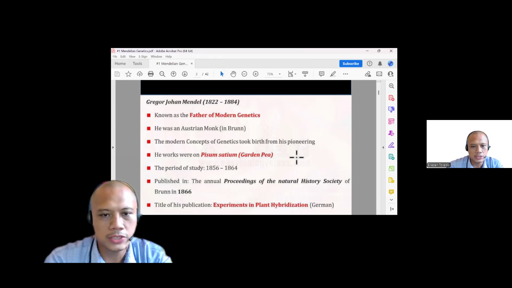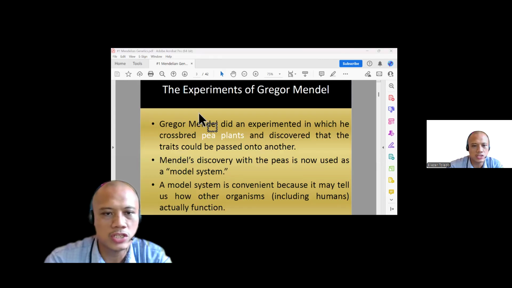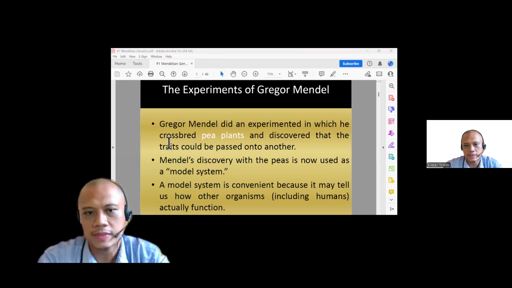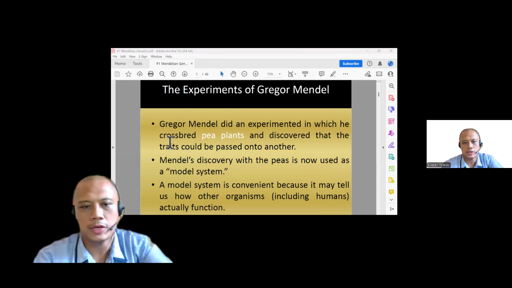Okay, scrolling down, Gregor Mendel did an experiment in which he crossbred pea plants, and that's a key term again, crossbreeding pea plants, and discovered that the traits could be passed on from one generation to another.